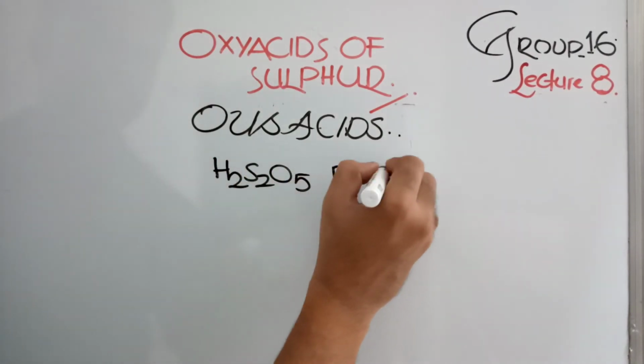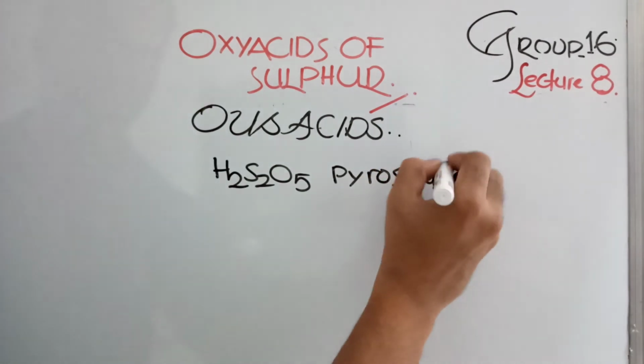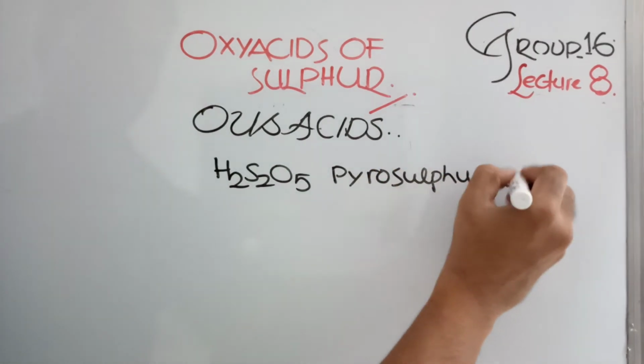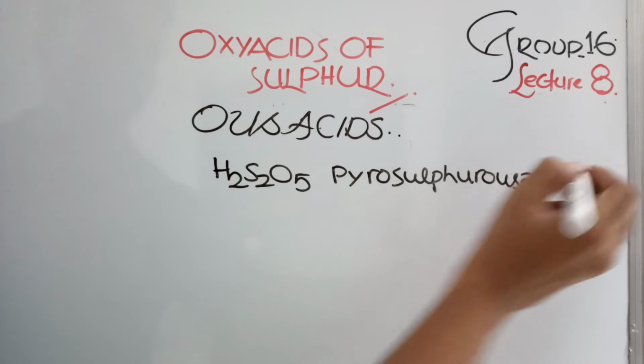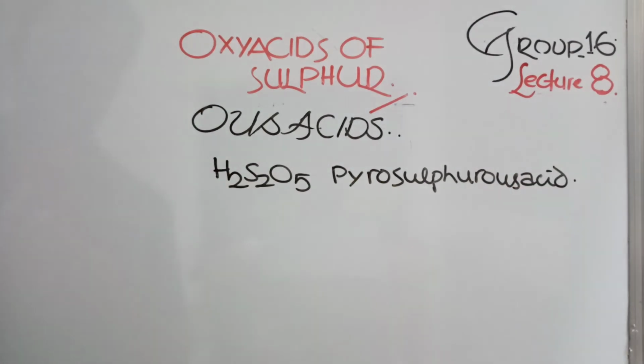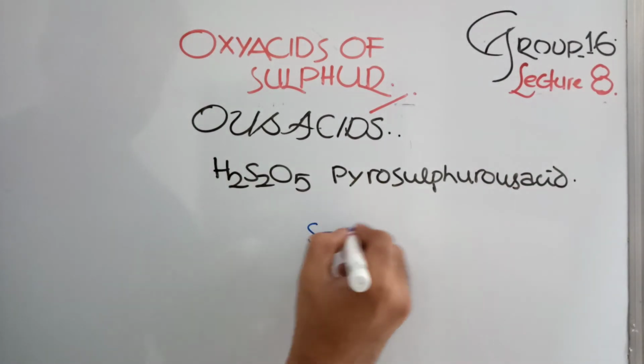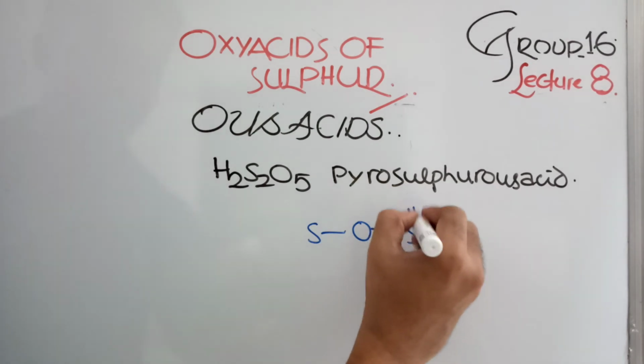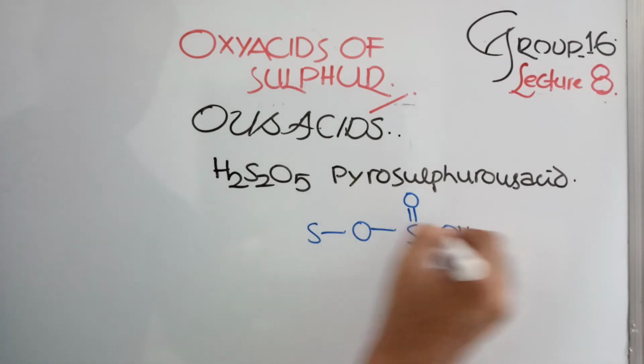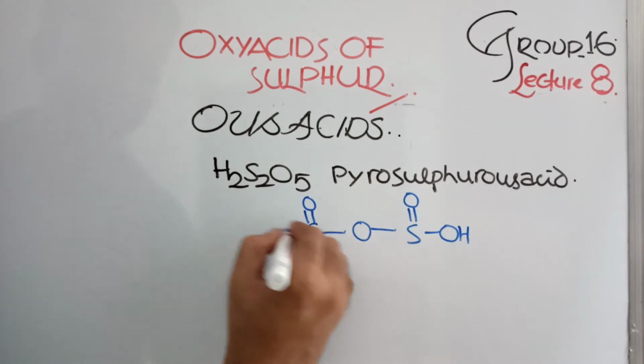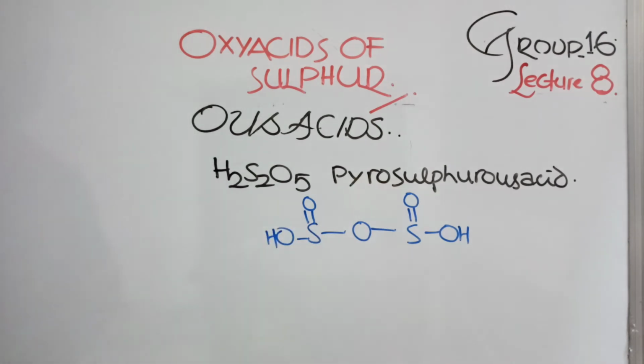Pyrosulfurous acid. What is pyrosulfurous acid? S, O, S, double bond O, O, OH. One double bond O is also mandatory except the first case. This is pyrosulfurous acid.